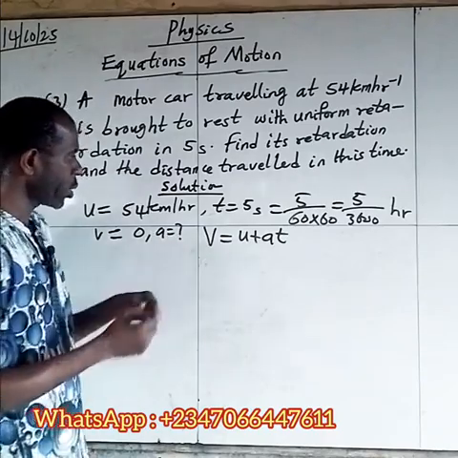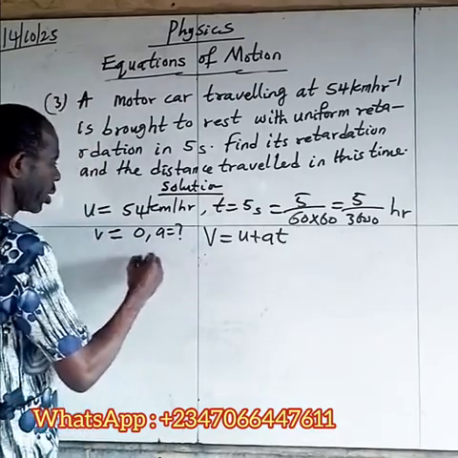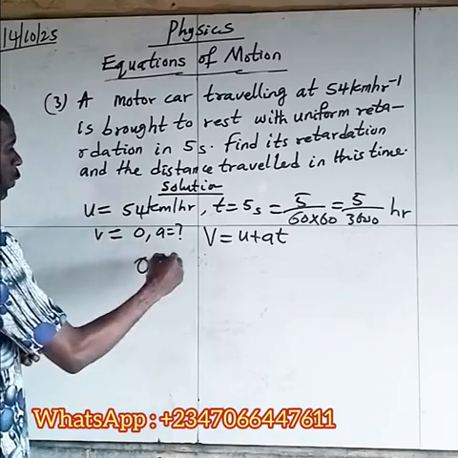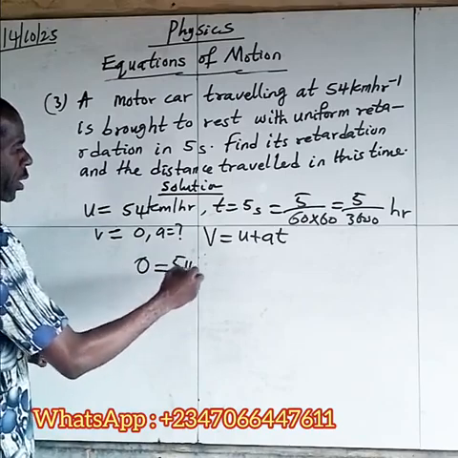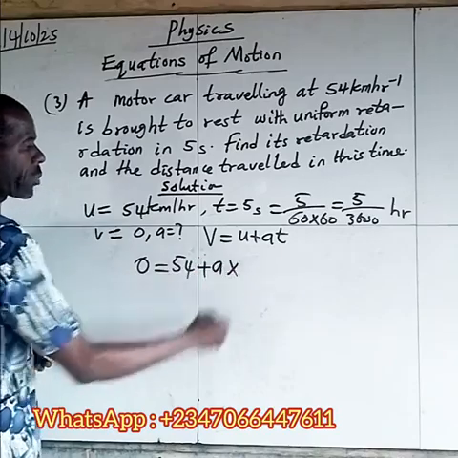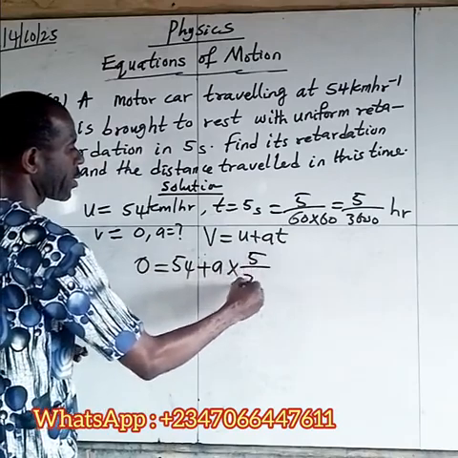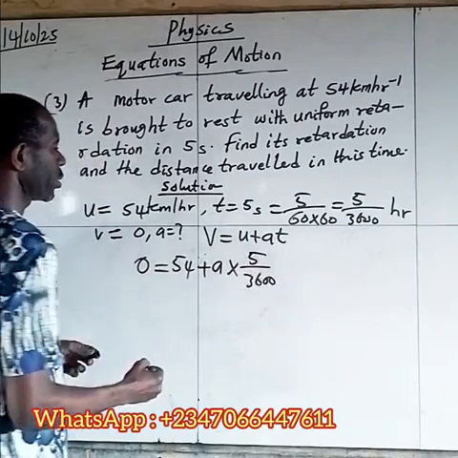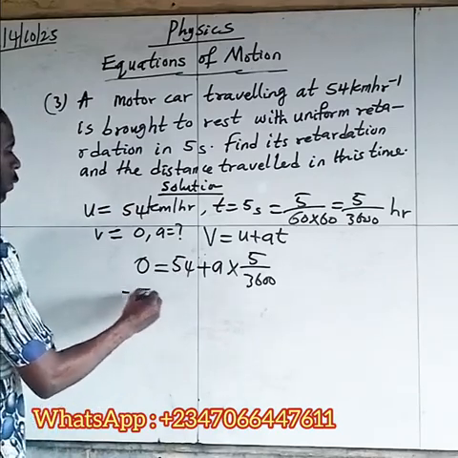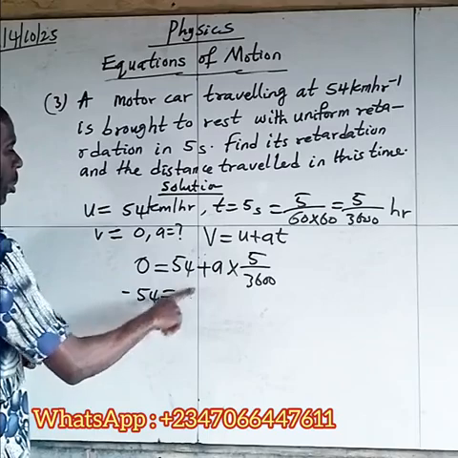Since the final velocity is 0, this side becomes 0, equal to the initial velocity, which is 54, plus a times the time, 5 over 3,600. We can move this to the other side, because negative 54 equals 5a over 3,600.